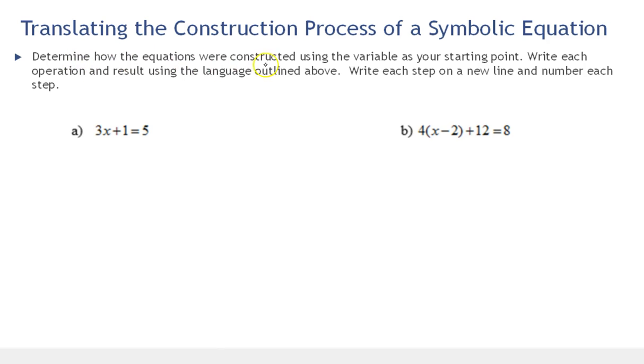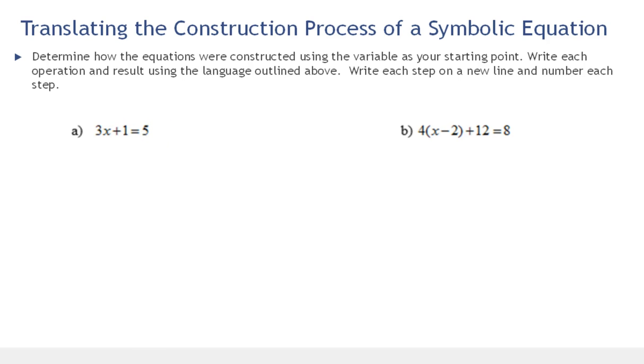Determine how the equations were constructed using the variable as your starting point. Write each operation and result using the language outlined above, and write each step on a new line and number each step. Okay. So here we have the equation 3x plus 1 equals 5.